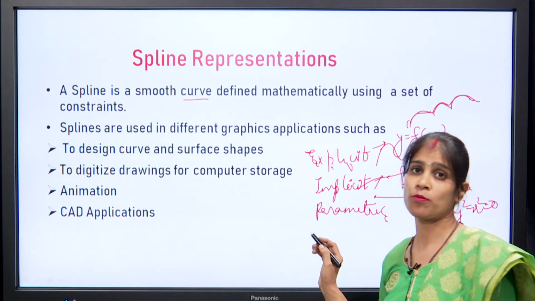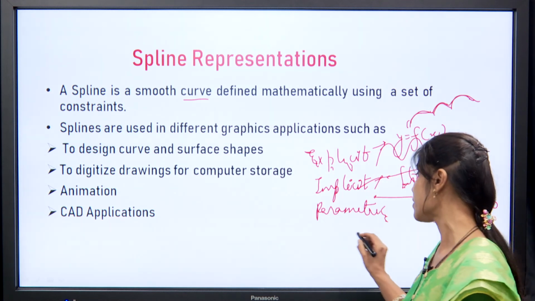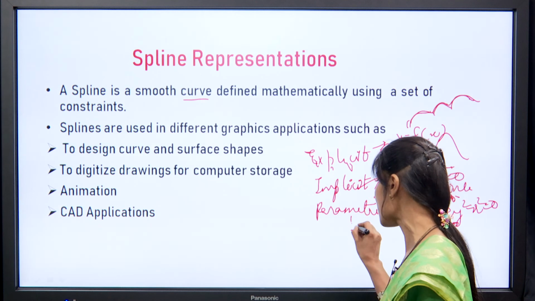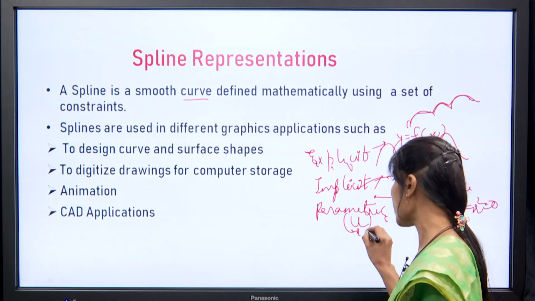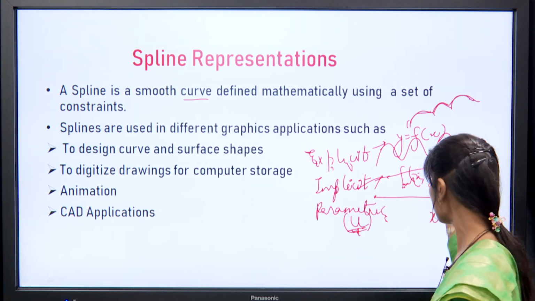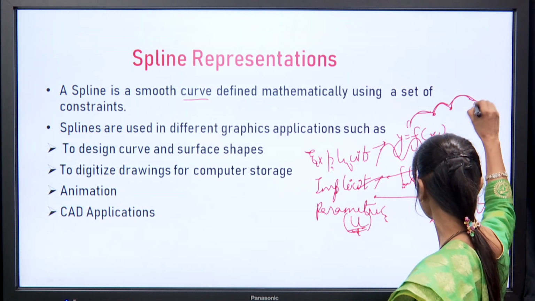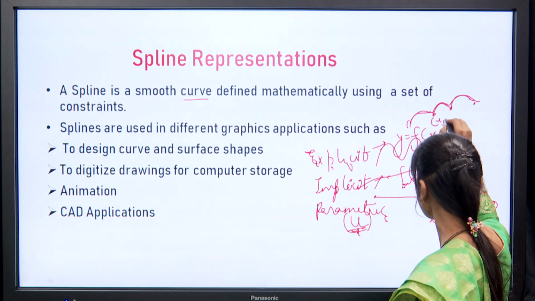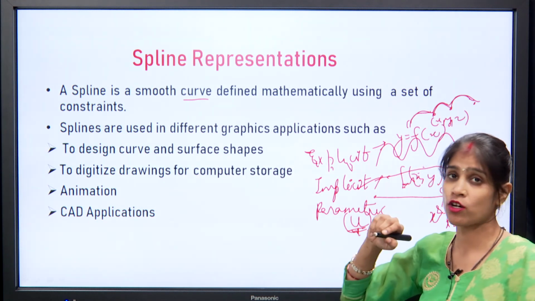But in parametric form of a curve, what is that? There is a parameter, suppose the parameter u. On the basis of the u parameter, the curve is defined. A curve has some points. Suppose this is a point, this is a point, this is a point. These points are defined by the coordinates x comma y comma z.